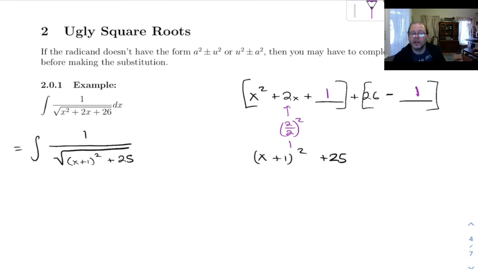And now we can do trig substitution. What we've got here is, let's see, u in this case is x plus 1, and a in this case is 5. So the substitution we want to do is x plus 1 is equal to 5 tan theta.